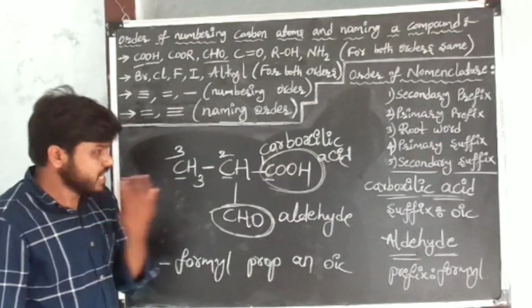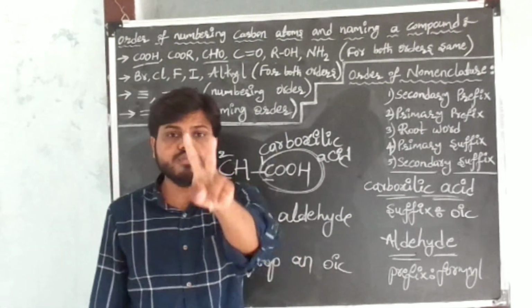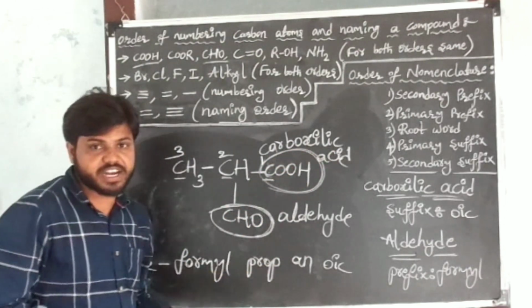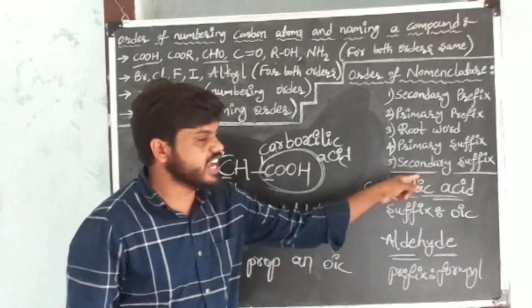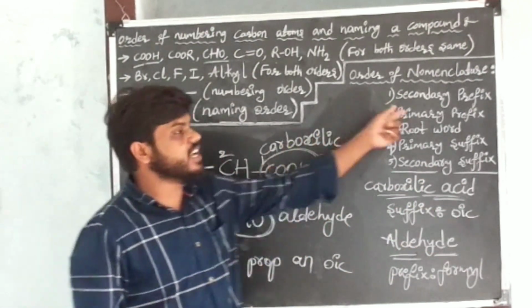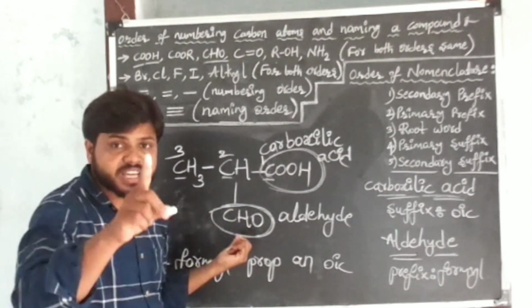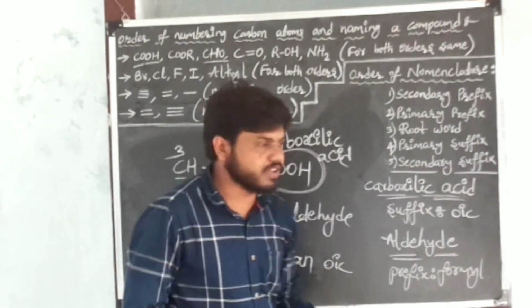I am repeating, this is the given carbon compound. In the given carbon compound, two functional groups are there. One is carboxylic acid, another is aldehyde. When we have two functional groups, one will become the secondary suffix, another will become the secondary prefix. Secondary prefix means substituent.